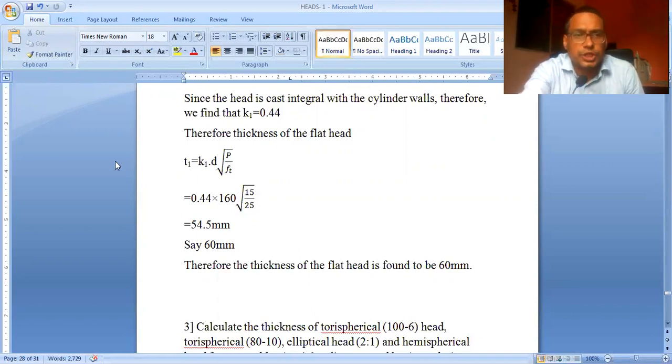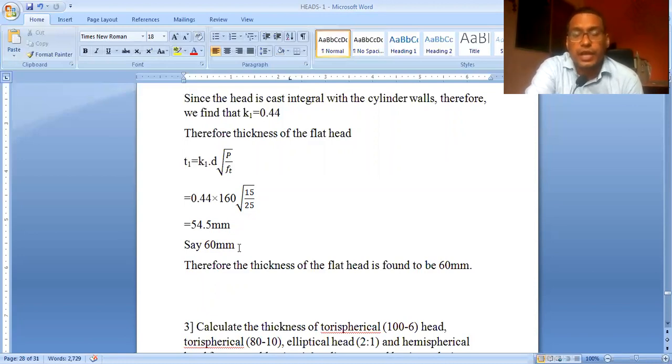So it's a simple substitution: thickness equals 0.44, that is the constant, into diameter, under root of pressure upon 25. This pressure is the design pressure. So thickness comes out to be 54.5 mm, and you cannot get 54.5 mm thickness material, so it has to be rounded off to the next, 60 mm.